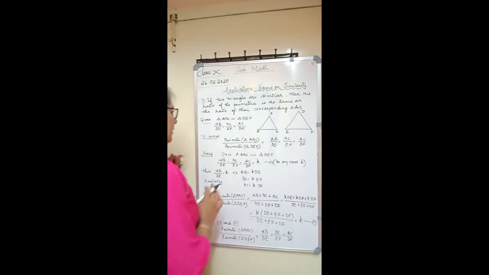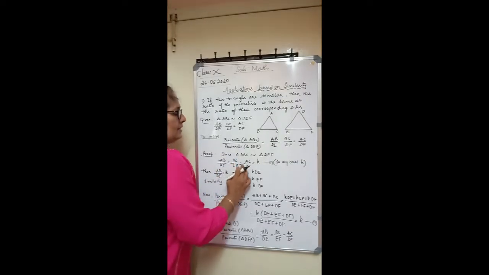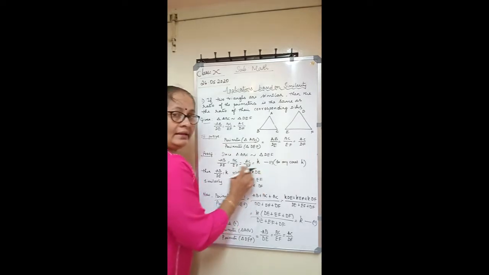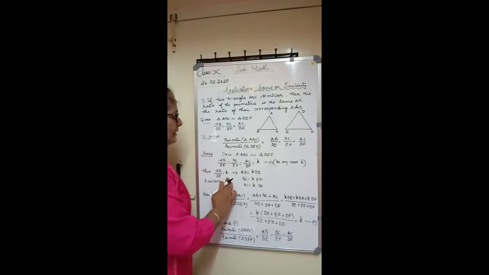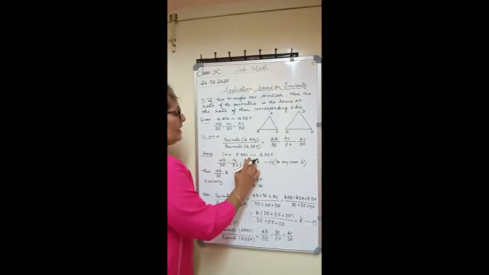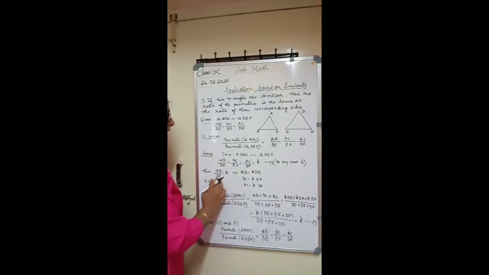Then when AB by DE equals BC by EF equals AC by DF equals K, then each ratio is equal to K. So AB by DE equals K, then BC by EF is also K, then AC by DF also equals K. Then cross multiply. If you cross multiply, what do you get?